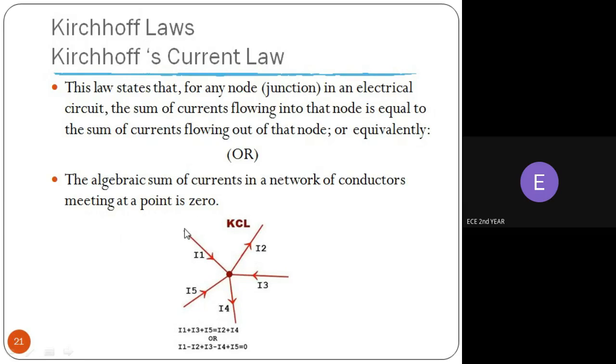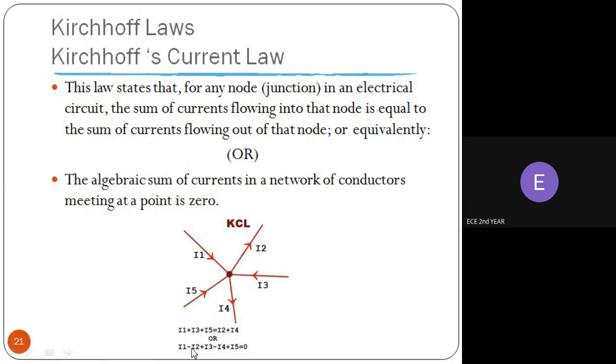Here I1, I3, I5, all three branch currents, flow towards the node. And I2 and I4, branch 2 and branch 4 currents, flow away from the node.